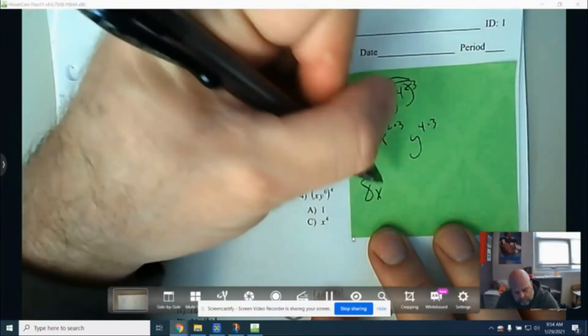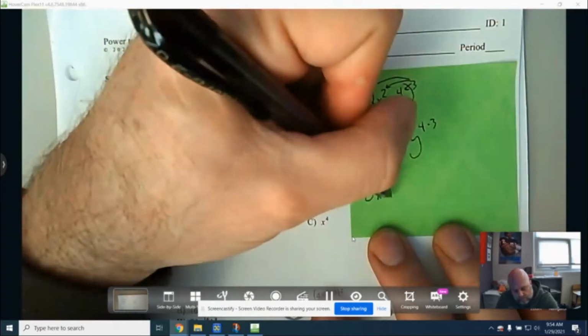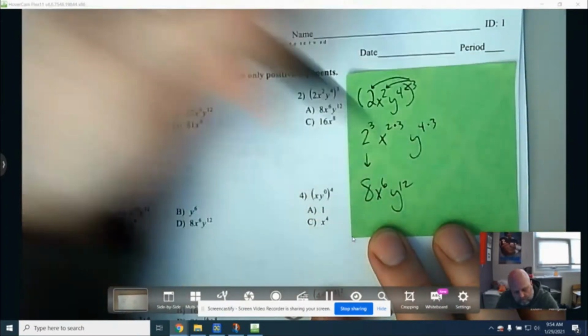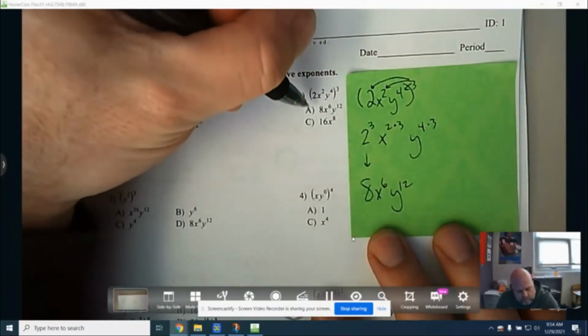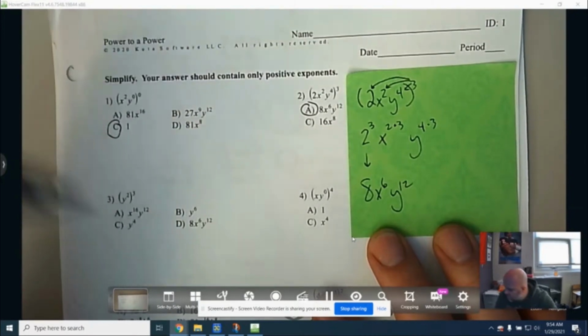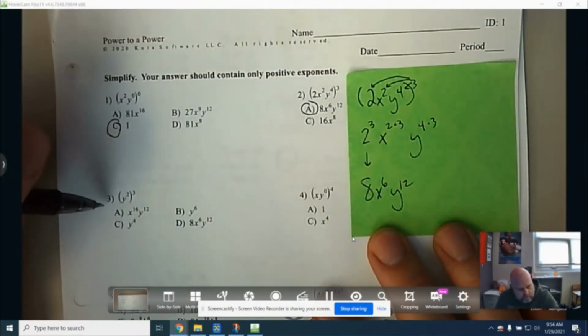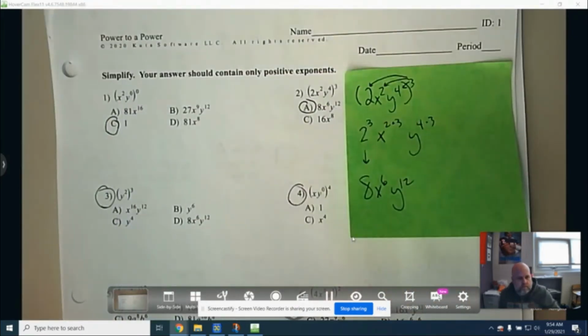And then we have x, 2 times 3 is 6, and then y, 4 times 3 gives you 12. So we get 8x to the 6th, y to the 12th power. So that's definitely going to be letter A. Okay, you guys try number 3 as well as number 4.